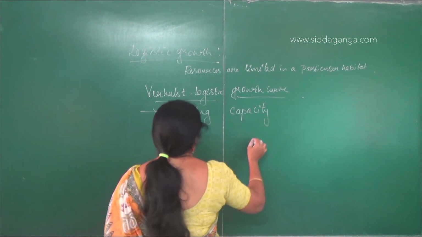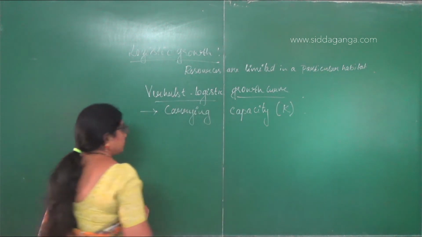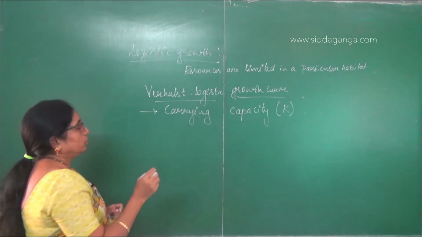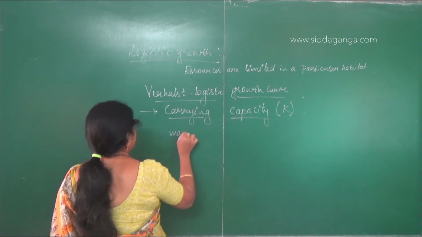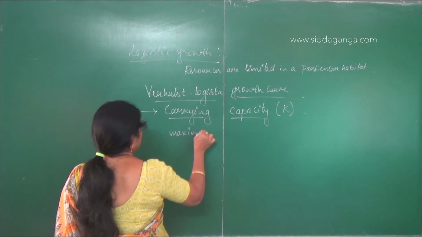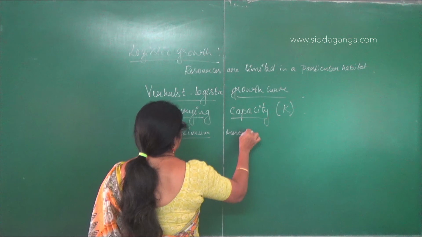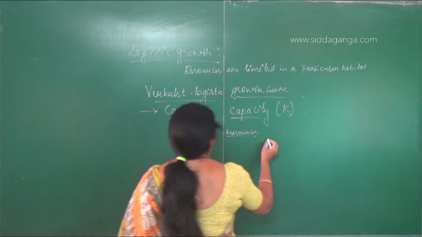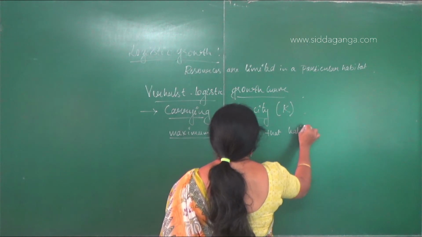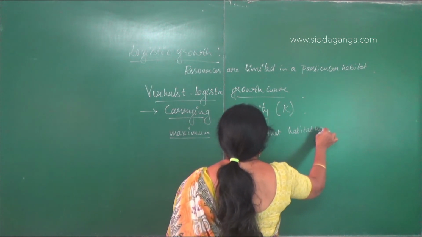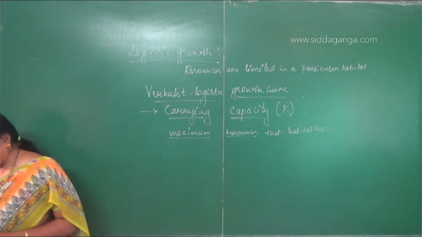It is denoted as capital K. Carrying capacity is the maximum resources that a habitat has.